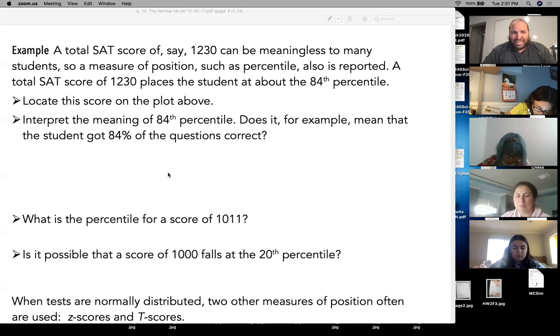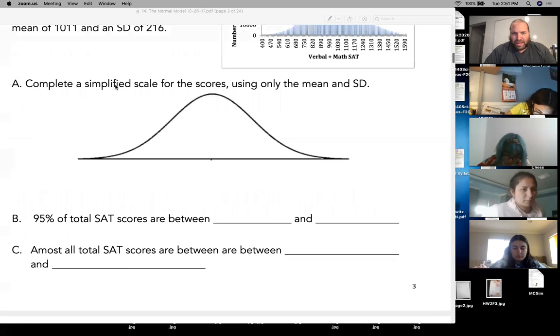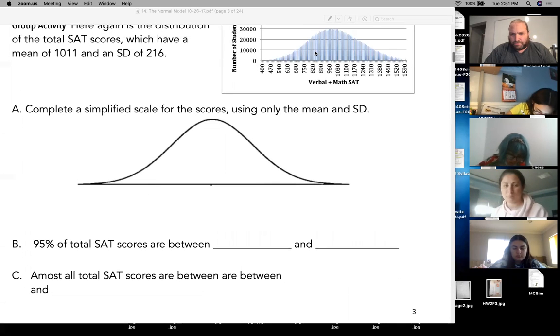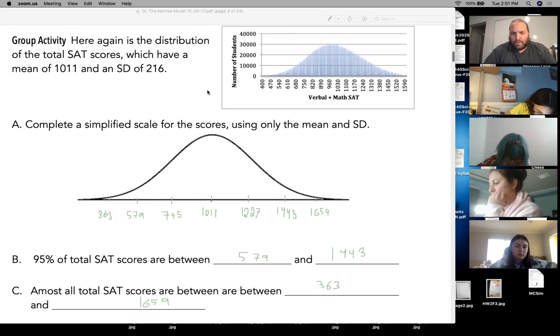A total SAT score of 1230 places a student at about the 85th percentile. Locate this score in the plot above. The 84th percentile means that 84% of the data is beneath it. Approximately, where would 84% of the data be beneath?